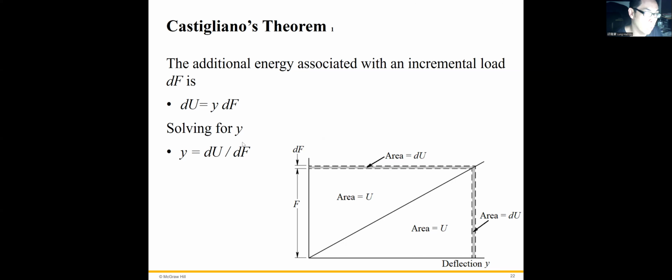That means we take the derivative of the strain energy U with respect to force. So this incremental force causes the additional energy.